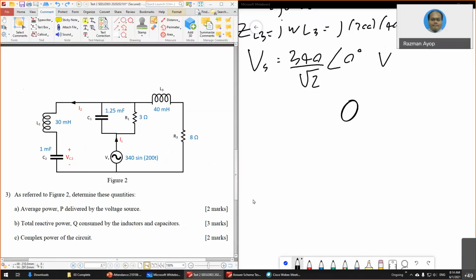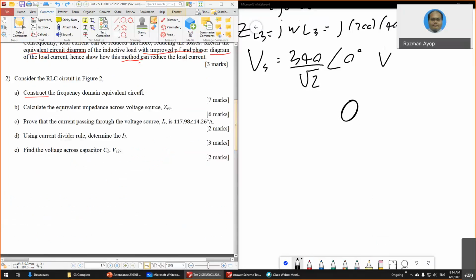Next question is to calculate the equivalent impedance across the voltage source.